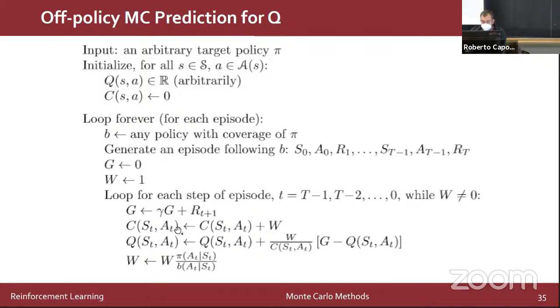Similarly, we update C by using this W. We update our Q by using this formula. And finally, we update our W by multiplying our previous weight by this ratio of pi and b for the selected action given the state, for both pi and b.